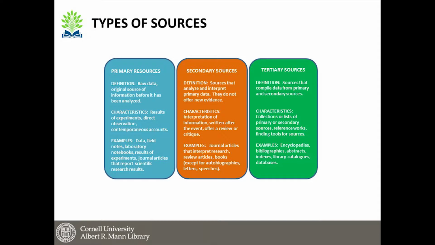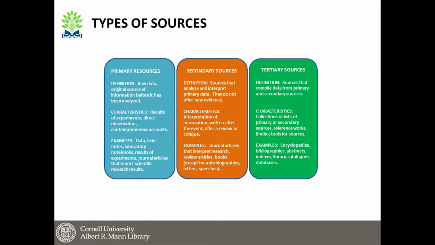Its characteristics are the results of experiments, direct observation, contemporaneous accounts. And some examples would be data, field notes, laboratory notebooks, results of experiments, and in the sciences, journal articles that report scientific research results. Secondary sources analyze and interpret primary data. They do not offer new evidence.